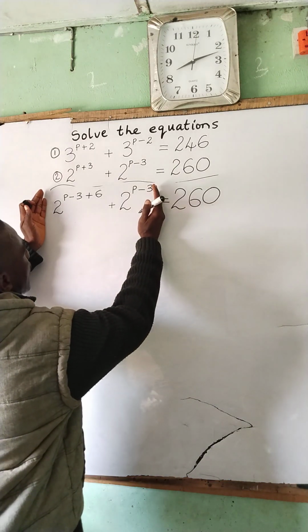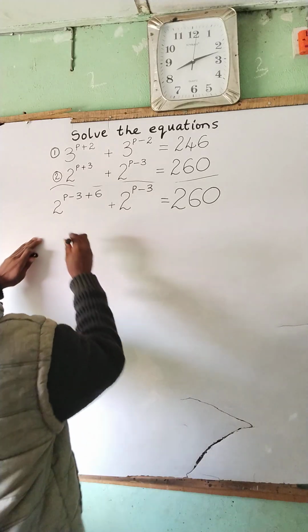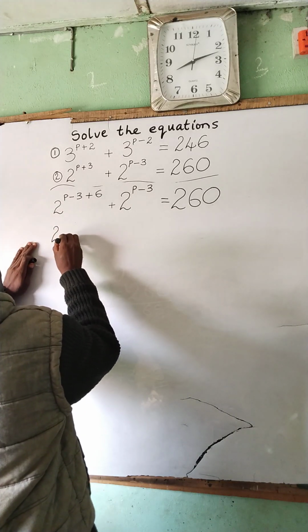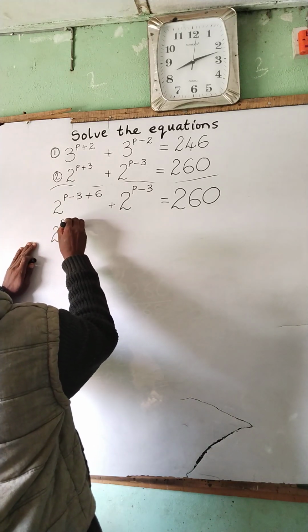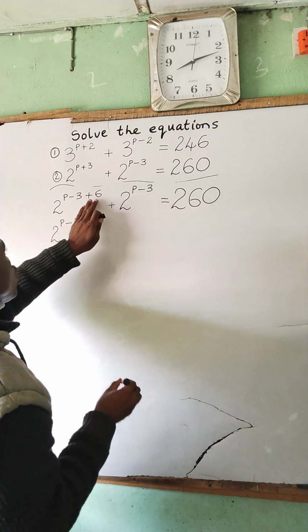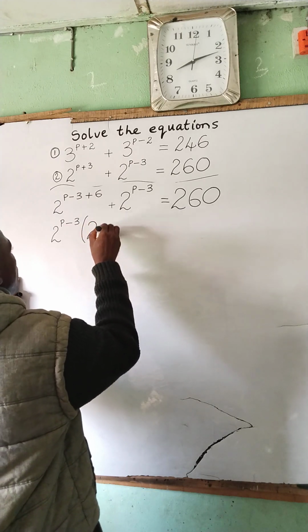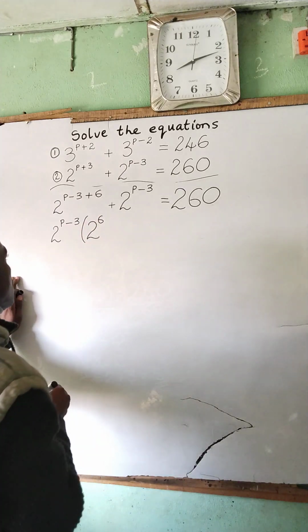The next thing I will do is factor out what they have in common on this side. What they have in common is 2 to power p minus 3. When I factor it out, what will be left here is 2 to power 6.